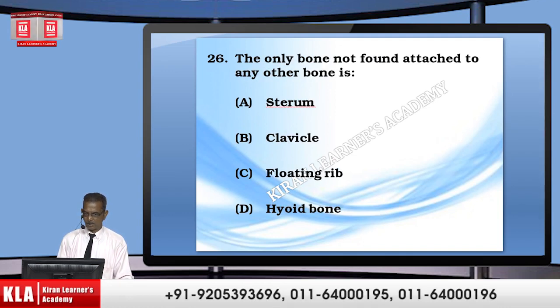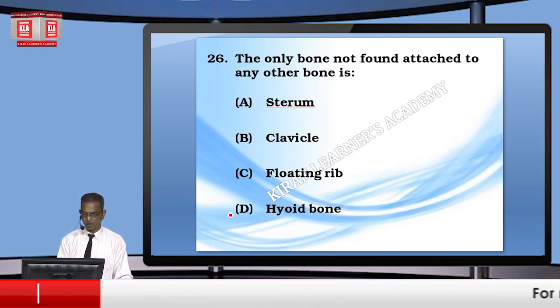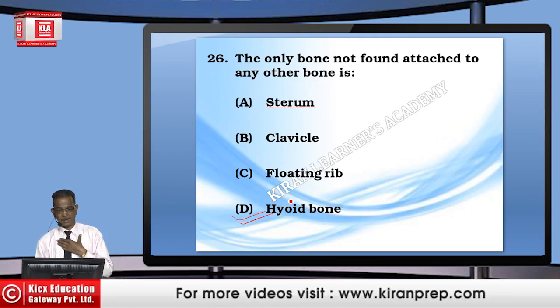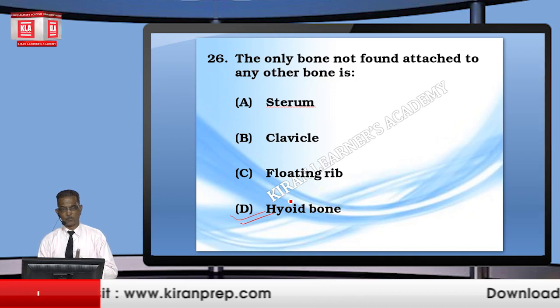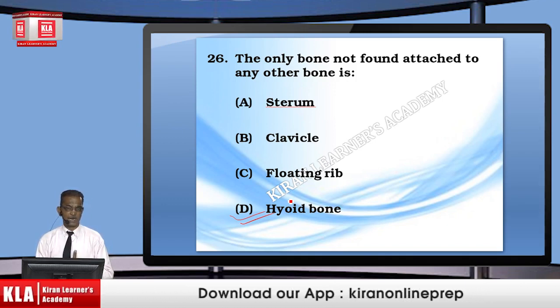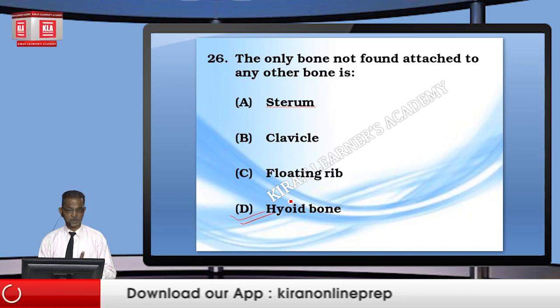Then the only bone not found attached to any other bone in the body is, as we already learned, the hyoid bone, that's the correct option. Sternum is attached to the ribs. Collarbone is a part of the pectoral girdle. Floating ribs are again attached at the posterior end to the vertebral column, but in front they are not attached to the sternum, and hence they are called floating ribs.